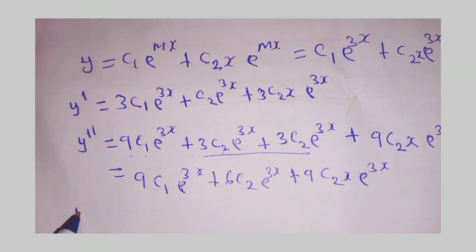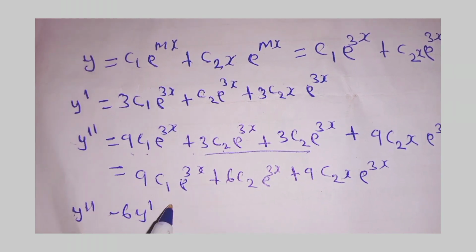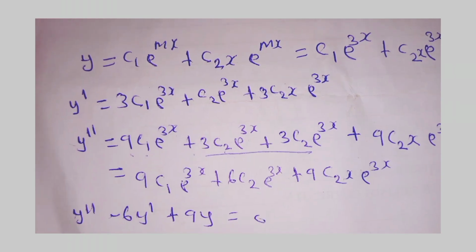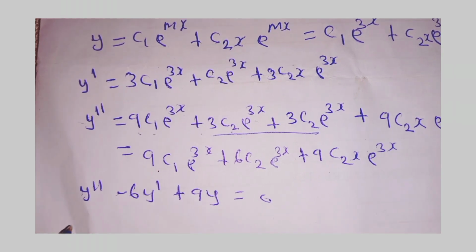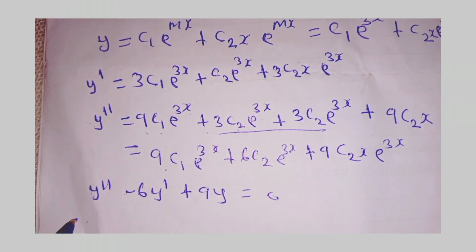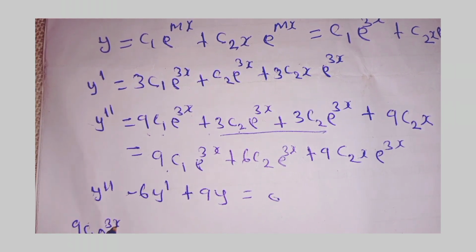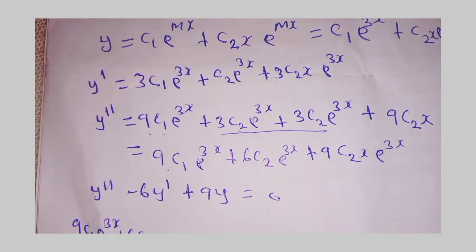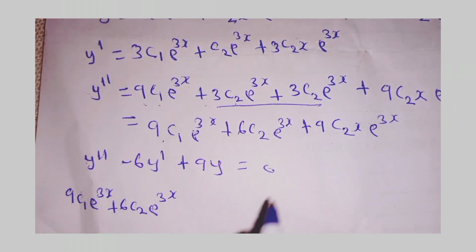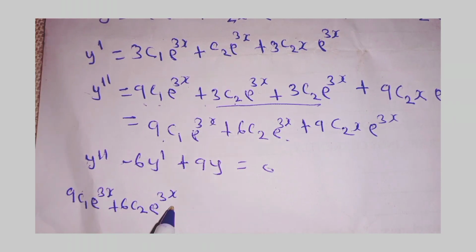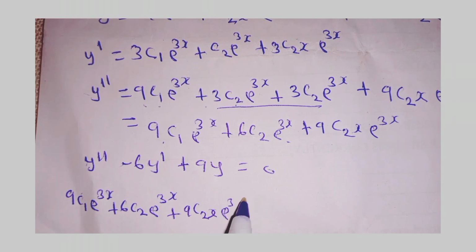So our equation is y double prime minus 6y single prime plus 9y is equal to 0. So we want to substitute those values and see whether we will get 0. We are going to have 9c1 exponential 3x plus 6c2 exponential 3x plus 9c2 x exponential 3x.